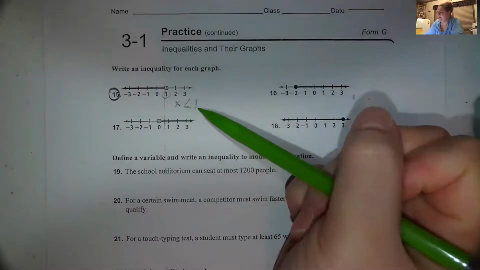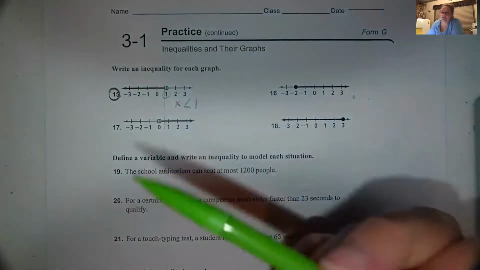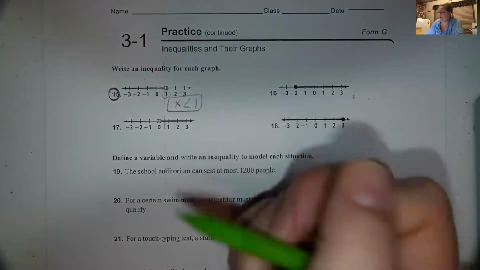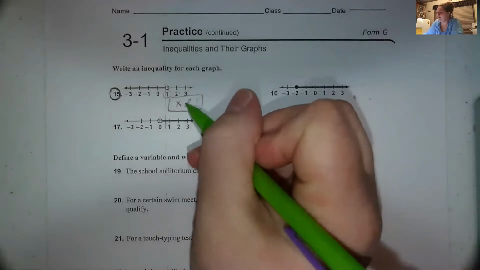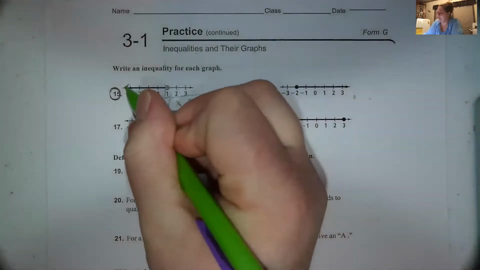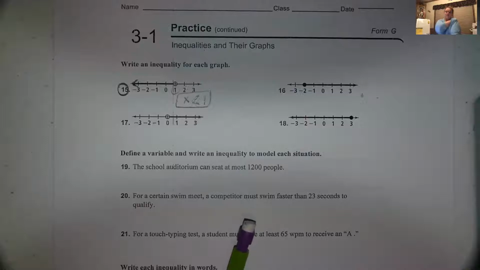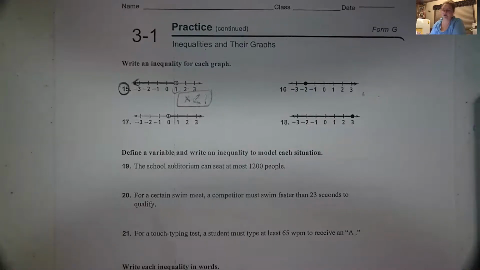Is X less than 1? It's less than 1. Anything less than 1? Yes, that makes sense. And again, if you wanted to use your little hint right here, this arrow pointing that way, you can do that. That's fine, as long as your variable is on the left.